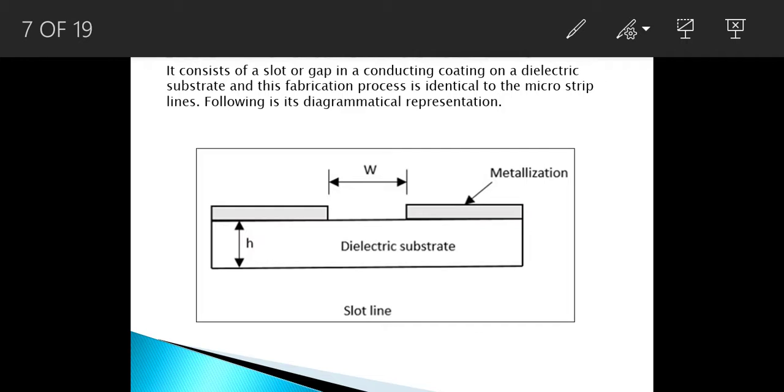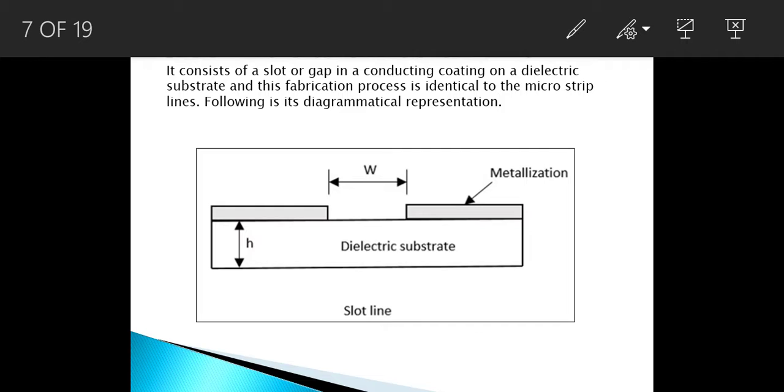The width W determines the slot line characteristic impedance. The impedance increases with increase in width, that is W, and is less sensitive to the height of the substrate. It is a two conductor transmission line with the major electric field component oriented across the slot.